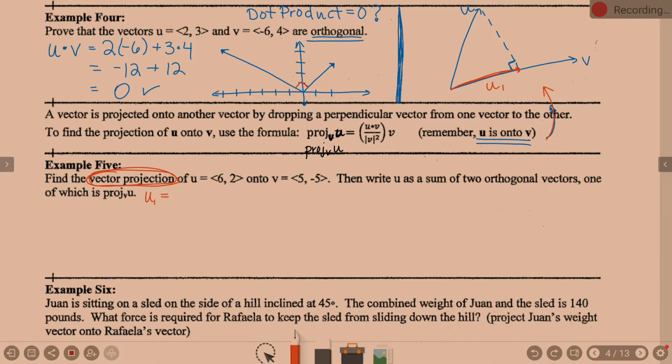And I'm going to write out our formula. It is the projection of U onto V. And we're doing the projection of U onto V. It's what was up above, which is dot product UV over absolute value V squared times vector V. So we're using that formula from up above, and that's all I'm writing out right there.